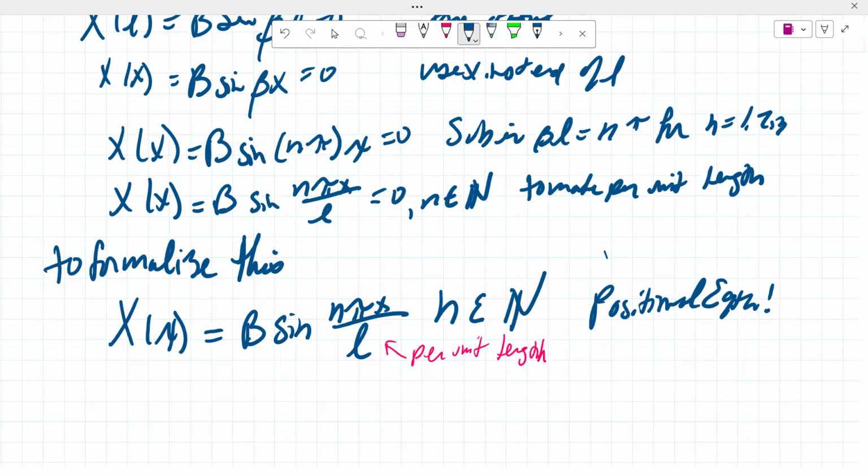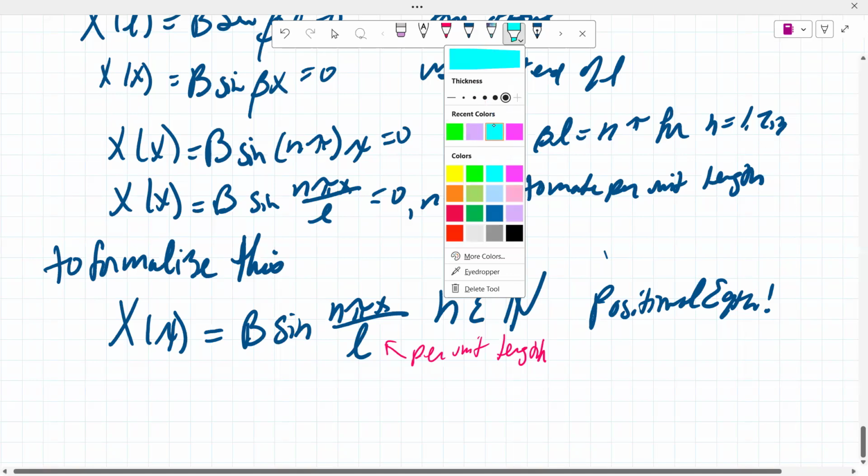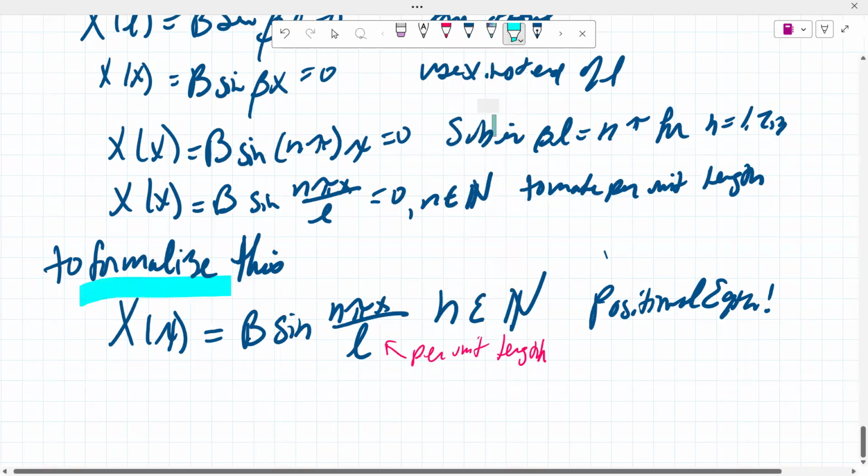So that was the positional equation only. We also have the temporal equation, which we have not yet solved.